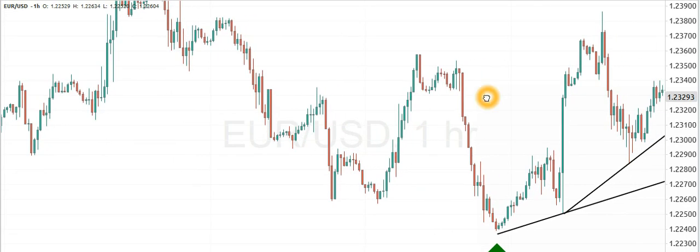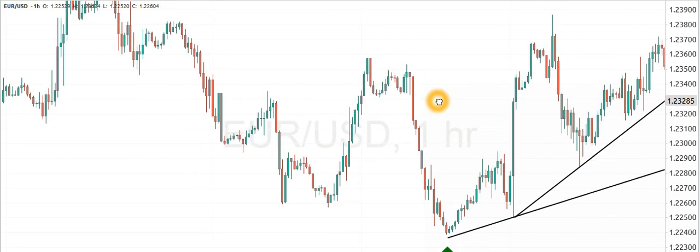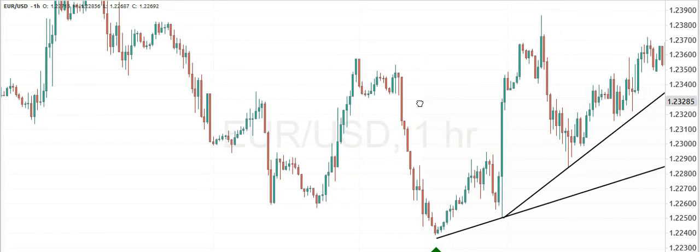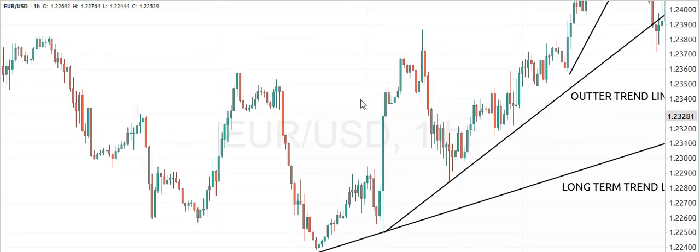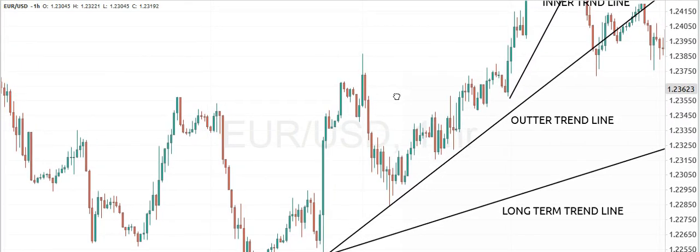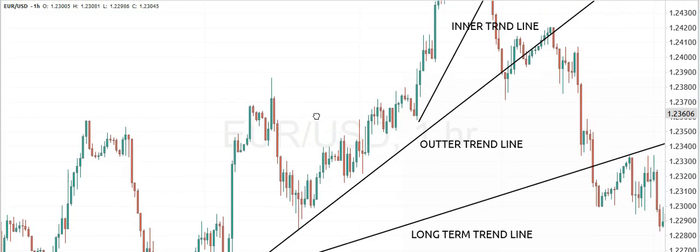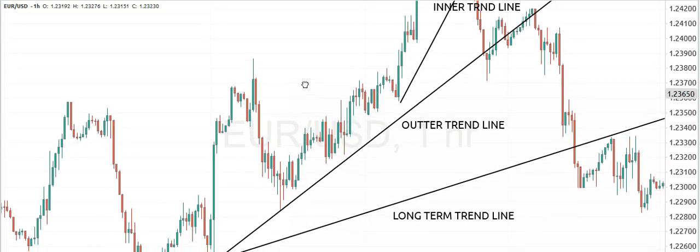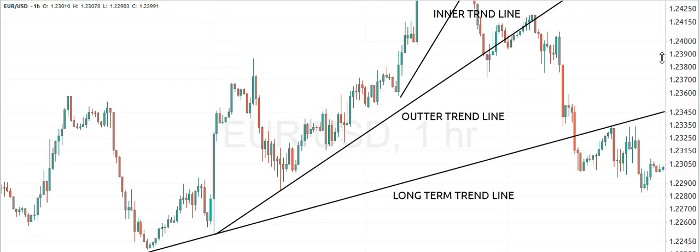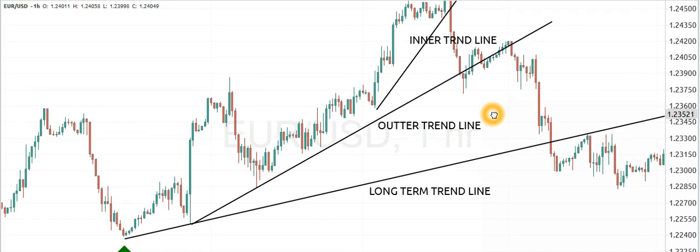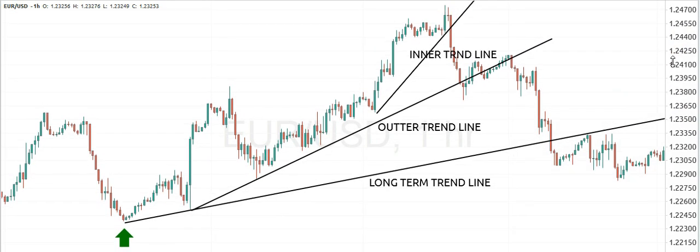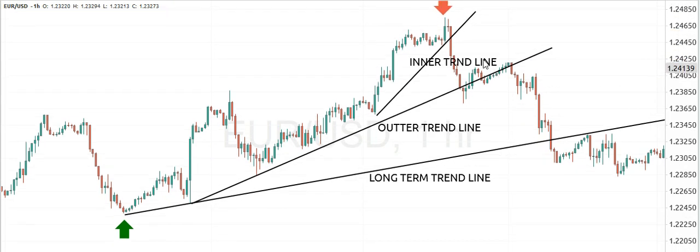As the market moves, you have to monitor the upward movement of the market and draw your trend line correspondingly. I'm going to demonstrate this. So this in the uptrend would have been your long-term, your outer, and your inner trend line. Now this is for your uptrend lines.